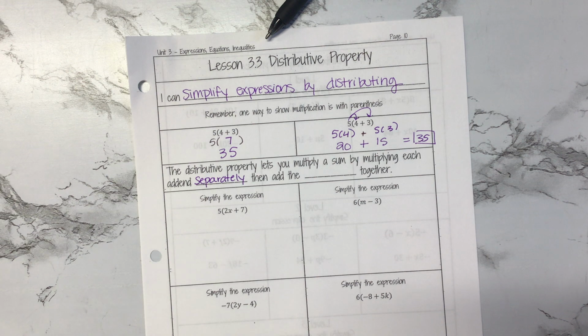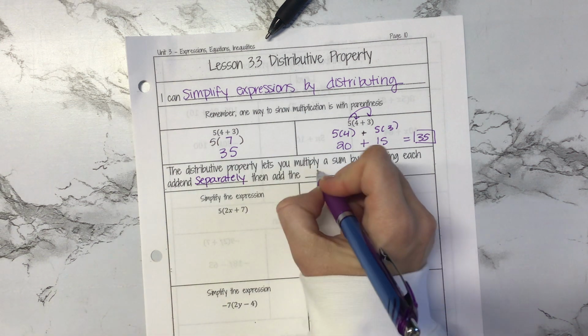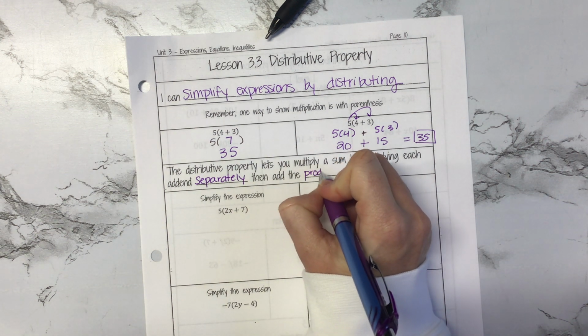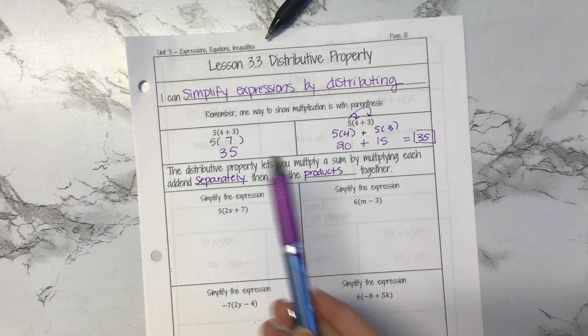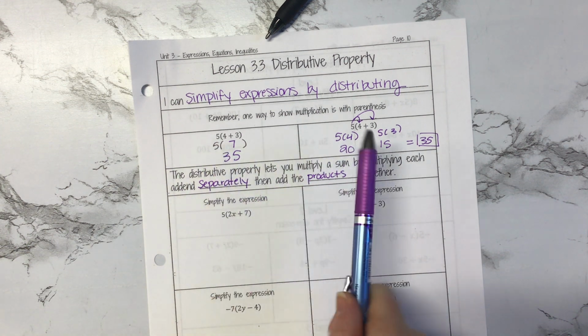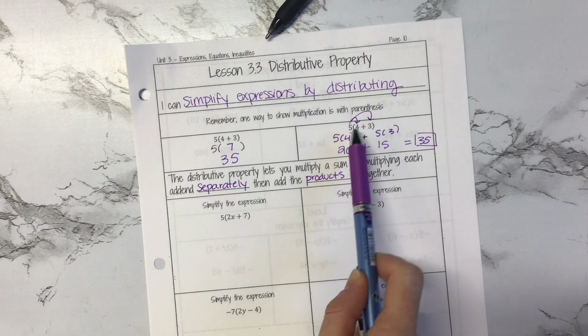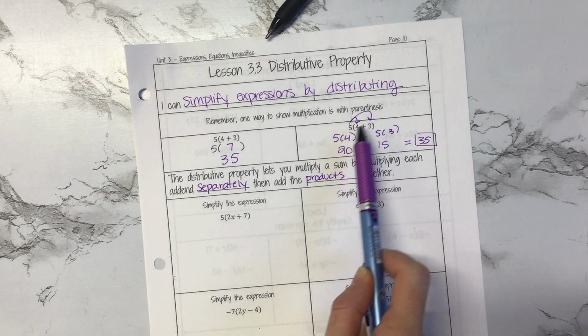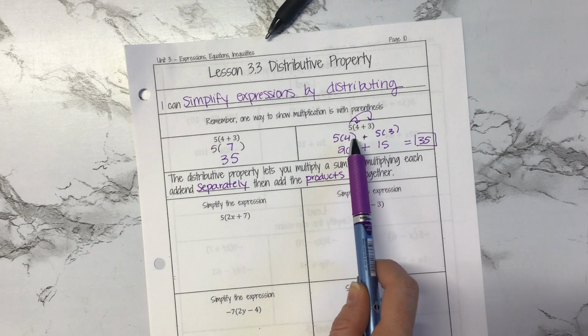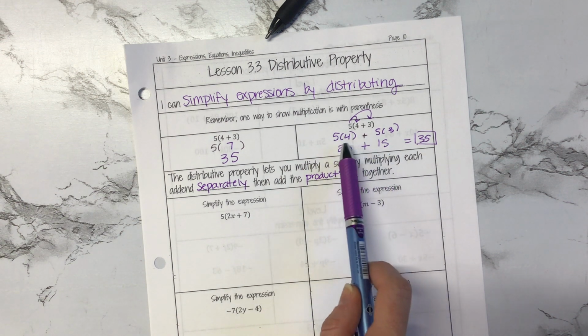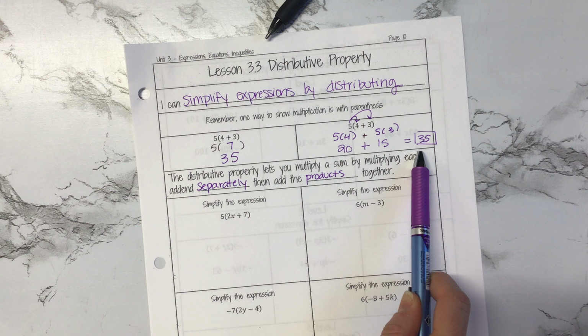So you just multiply each part that you're adding together, and then whatever that answer is, you add the products together. So like here, we multiplied by each thing we were adding. We were adding 4 and adding 3. So I multiplied those on their own. Then their products, their answers, I added those together to get to the end.